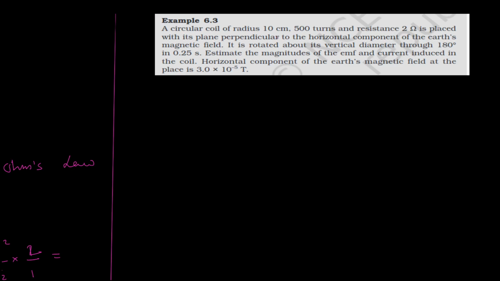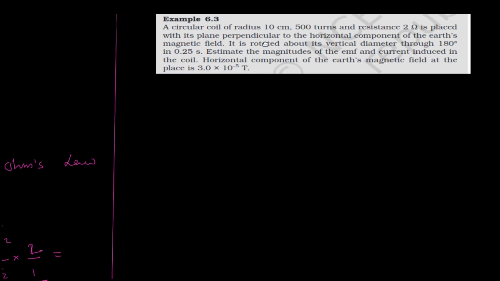It is rotated about its vertical diameter through 180 degree in 0.25 seconds. I'll explain all that. Estimate the magnitudes of EMF and current induced in the coil, where the horizontal component of Earth's magnetic field is given to be 3 into 10 to the minus 5 Tesla.